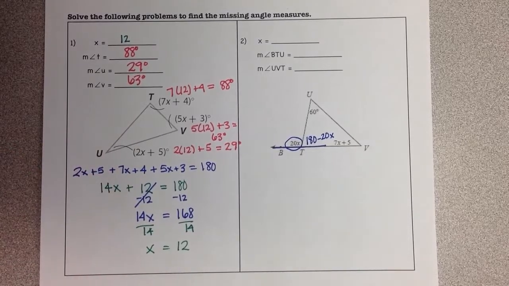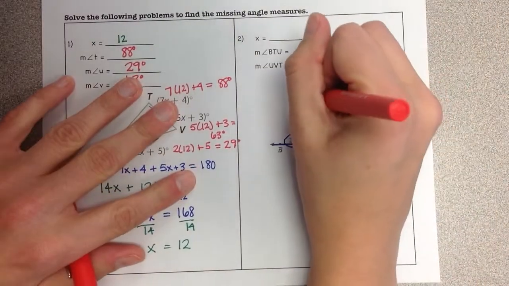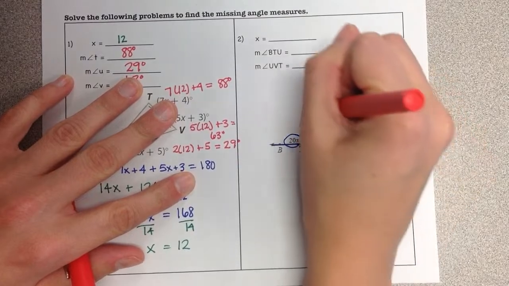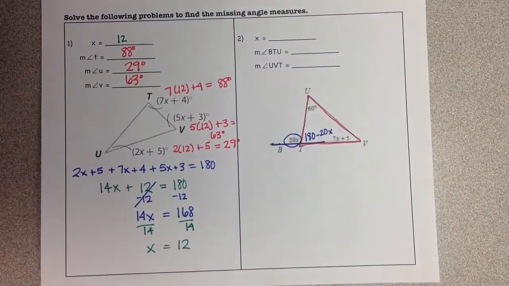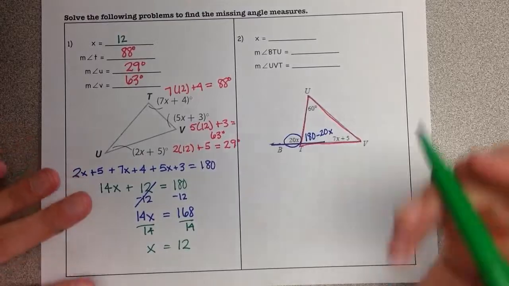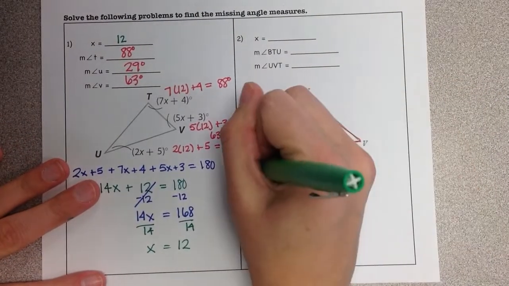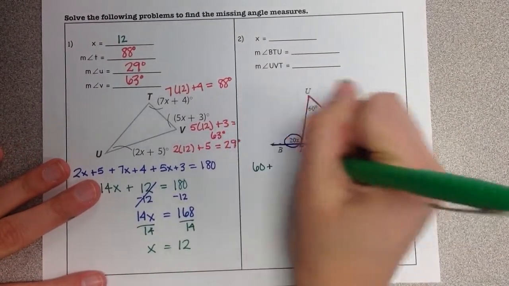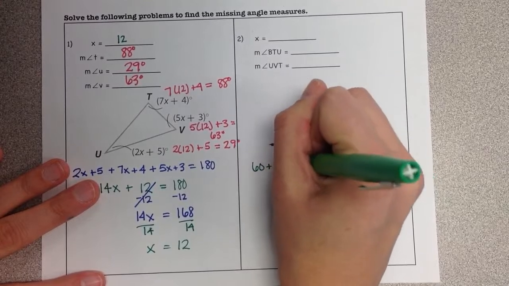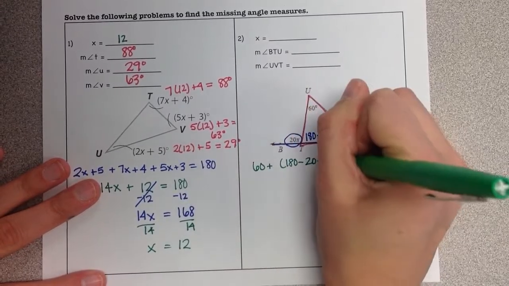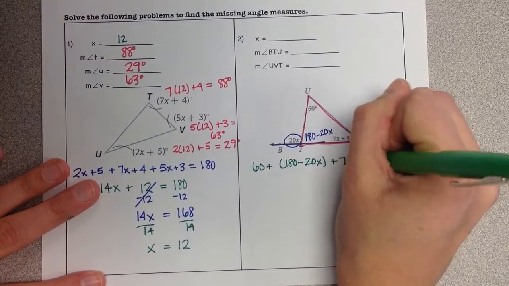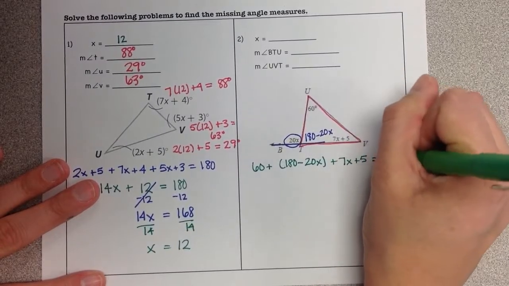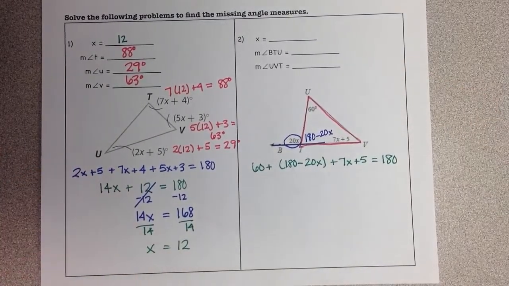Now I can set up an equation just looking at the 3 triangle measures, and we can worry about the 20x later. So I can set up an equation. 60 plus 180 minus 20x plus 7x plus 5 should equal a sum of 180.